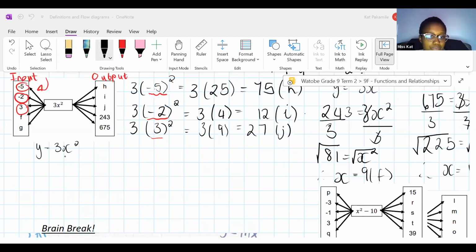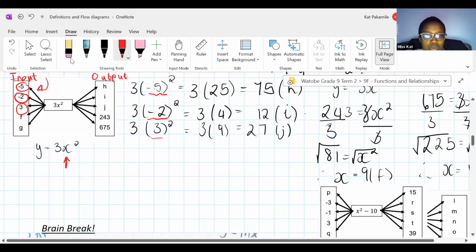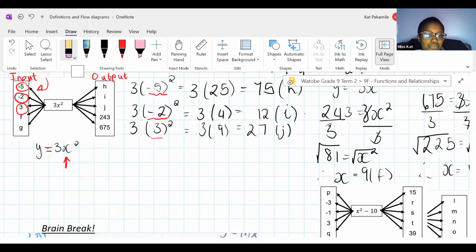Oh, ma'am, X. But this time they give us your output. So you can't substitute an X because that's not what you are inserting. This time, where do we substitute? You said our input is X and our output is Y. So where do we substitute?